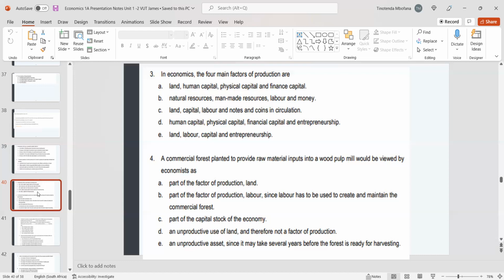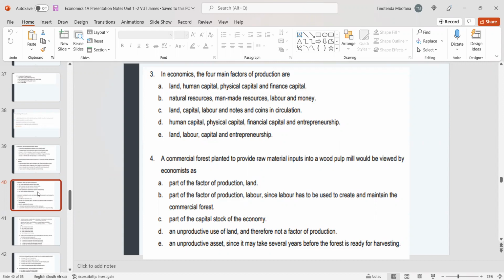Then question 4: a commercial forest planted to provide raw material inputs in a wood crop would be viewed by economists as, it's actually land, part of the factor of production, land. It's a commercial forest, yes, but it's a natural resource, right? Any forest, any wind, sun, and whatnot are part of the factor of production, land.